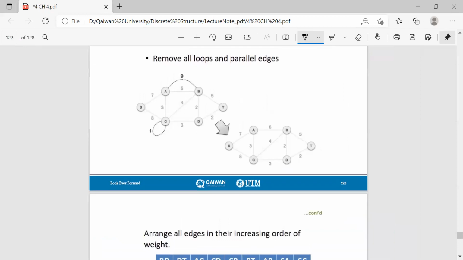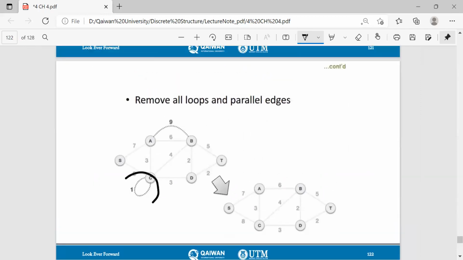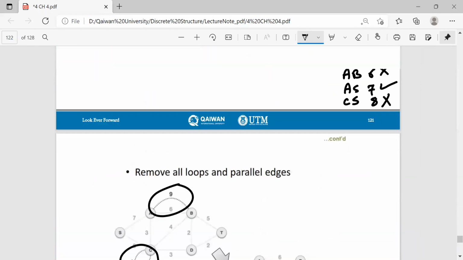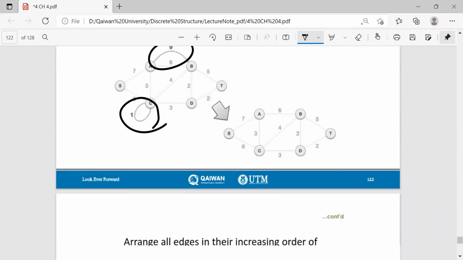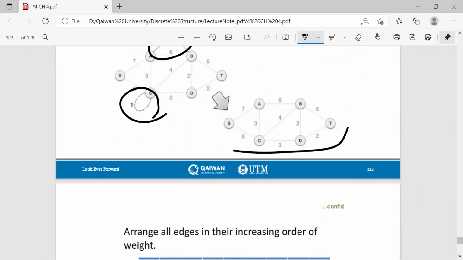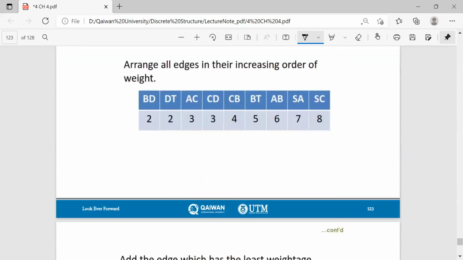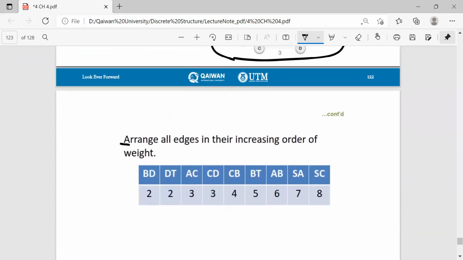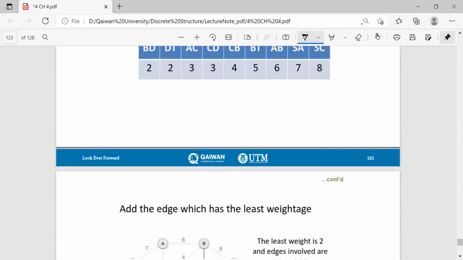Look, these are the steps of doing it. First, we remove the loops and the parallel edges. We get this graph, which I just showed in the above slide. Now we arrange all edges in increasing order of weight. BT is 2, DT is 2. It's the same as I did in a column; here it's given as rows.